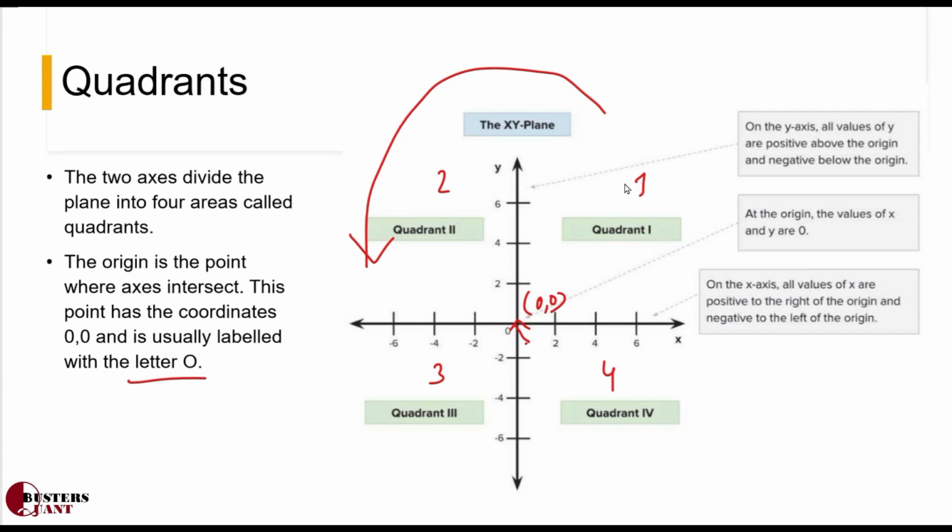So as we have seen in the last slide, the y coordinate above the origin is positive, below the origin is negative. Similarly, the x coordinate towards the right of the origin is positive, towards the left of the origin is negative.